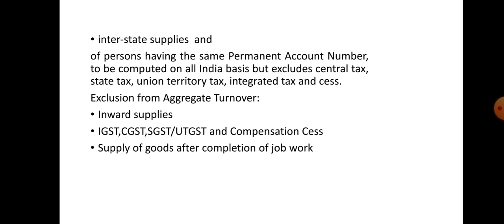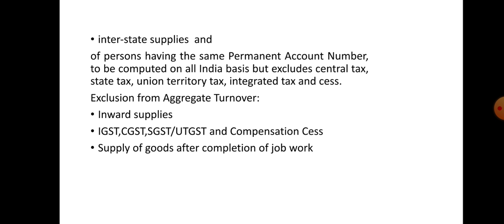And interstate supplies. Interstate supply of goods and services are included in the aggregate turnover, and any intrastate supply of goods and services are included in the aggregate turnover. Interstate supply means any supply that takes place from one state to another state, and intrastate supply means any transactions or supply that takes place within the state or within the union territories.